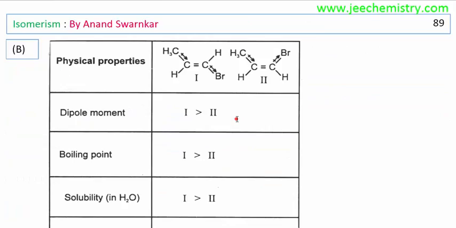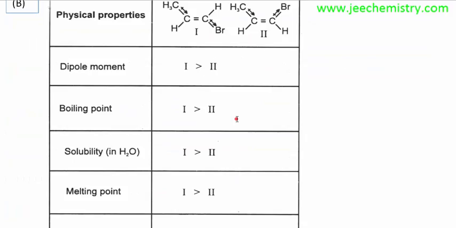Now similarly we apply this to the second example, physical properties. Dipole moments: this compound's dipole moment is in this way, and this compound's dipole moment is in this way, and the resultant will be in this way.